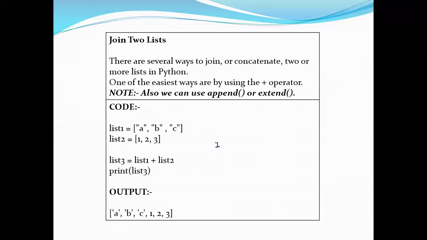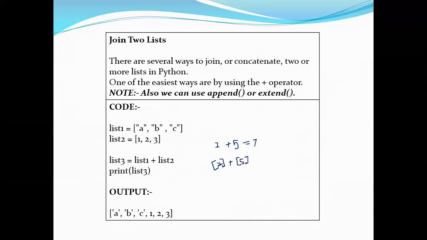If I have an addition operation between 2 and 5, 2 plus 5, I'll get an addition result as 7. But if I say [2], which is actually a list of one element, plus another list [5], I cannot get the addition result.